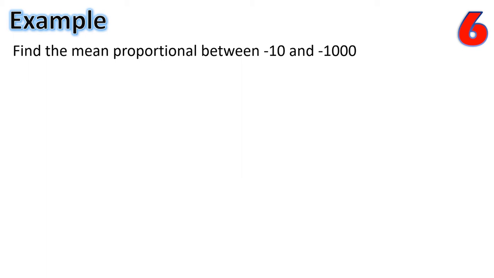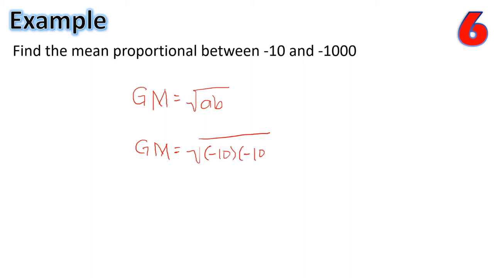This time we're given two numbers, and if we're given two numbers, the mean proportional or the geometric mean, let GM be the geometric mean, is given by the square root of the product of the two numbers A and B. Hence, the geometric mean between negative 10 and negative 1000 will be the square root of negative 10 times negative 1000, and that is positive 10,000. And the square root of 10,000 is 100.